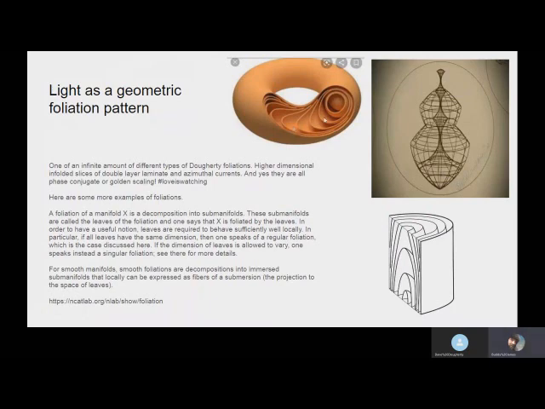These submanifolds are all called leaves, or the foliation, and one says that X is foliated by the leaves. In order to have a useful notion, leaves are required to behave sufficiently well locally. In particular, if all leaves have the same dimension, then one speaks of a regular foliation, which is the case discussed here. If the dimension of leaves is allowed to vary, one speaks instead of singular foliation.